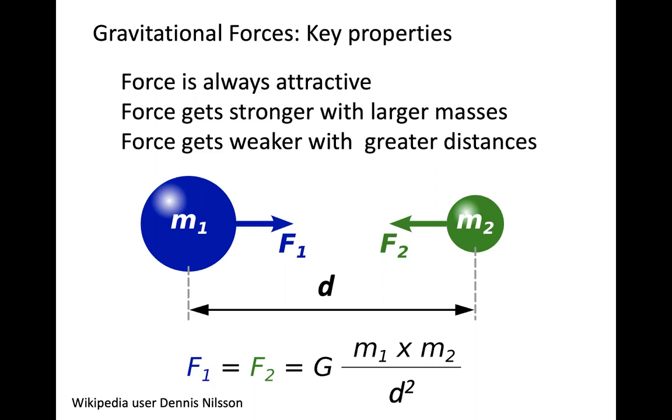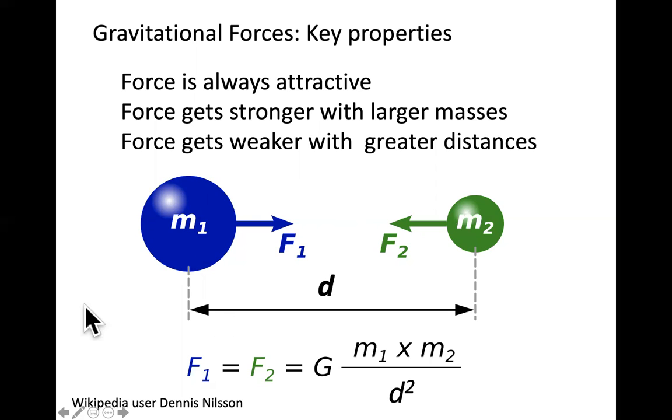The first aspect of this force that is important is that it occurs between any pair of objects. Here we just have two balls, one marked with M1 that indicates mass 1, one marked with M2 that indicates mass 2. The first characteristic of the gravitational interaction between these objects is that the interaction always causes an attraction.